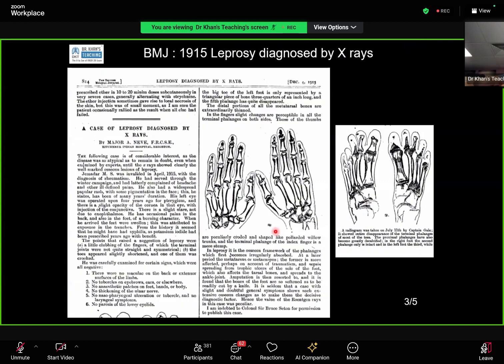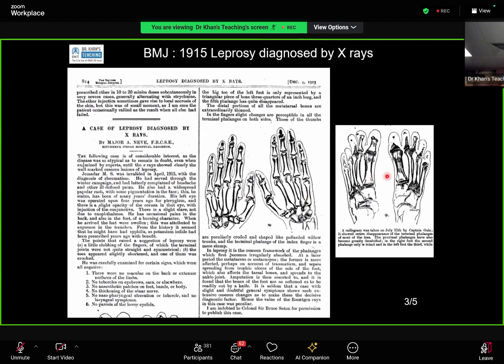Just for your interest, this is from BMJ 1915. And here the paper is written that this is an Indian Army soldier. So this is in an Indian hospital, Brighton, and this was a Jamadar something, Jamadar MS, 1915.